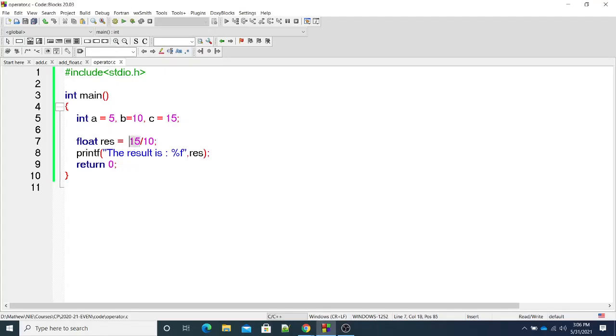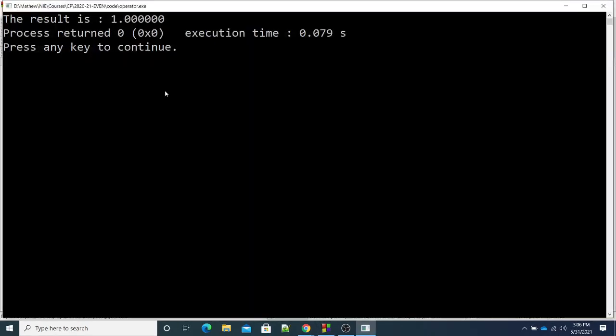The result is 1 because 15 and 10 are both integers, and the RHS will be computed as an integer. That means from 1.5, 0.5 will be discarded, and the result will effectively become 1. When 1 is assigned to a floating point number, it is as good as 1.0, and you get the result as 1.0.